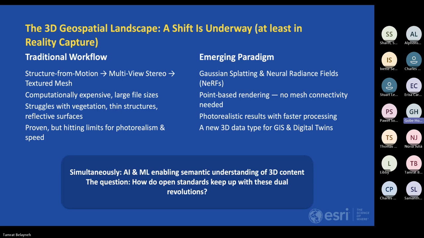And the biggest thing is that generating photorealistic results with extremely fast processing is very appealing. Oftentimes, it's also the cost involved in capturing these things that becomes very limiting. So this is a new 3D data type that is evolving in GIS. And if we're talking about digital twins, this is really an area that is pushing it. Where it really becomes interesting is that this is infusing both AI and machine learning into the semantic understanding of the 3D content that we're working with.